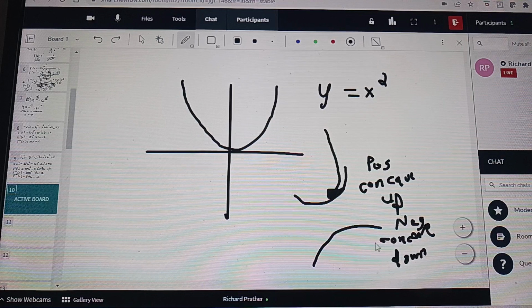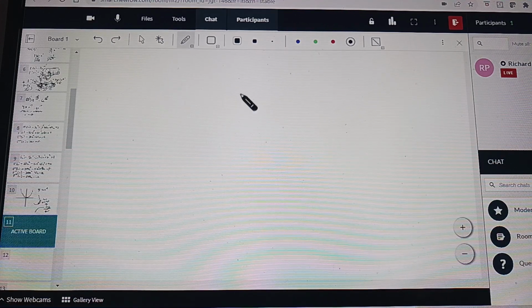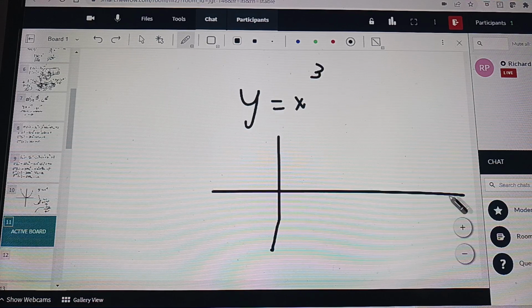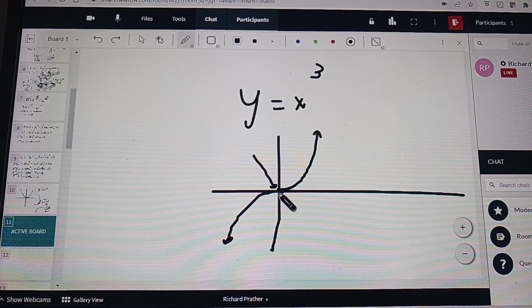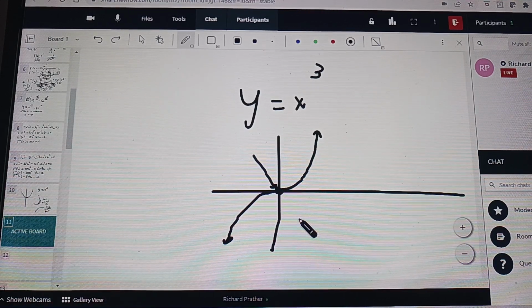And then if you switch from concave up to concave down, which happens in the x to the third graph, the x to the third graph is concave up on the right side of 0, but it's concave down on the left side of 0. And right at the origin, that's the spot, the one and only spot here, where the graph is switching from concave down to concave up.